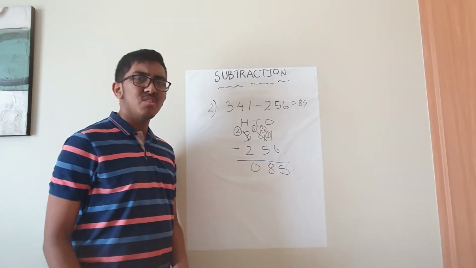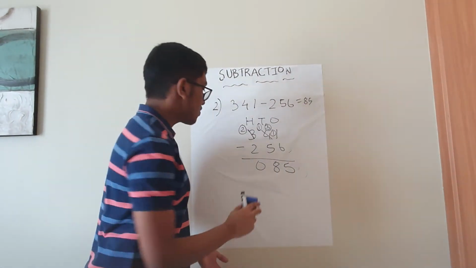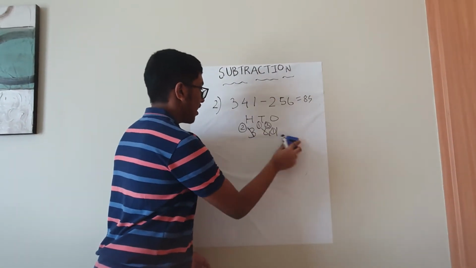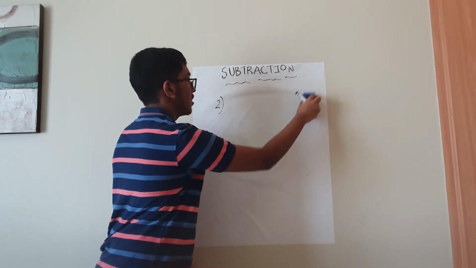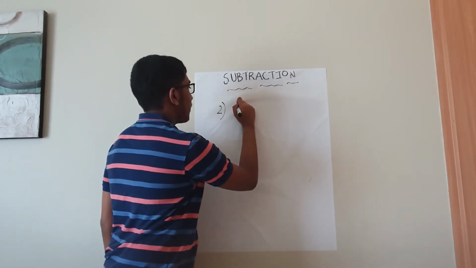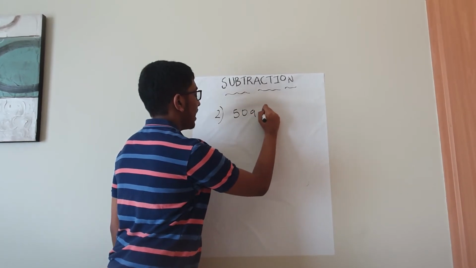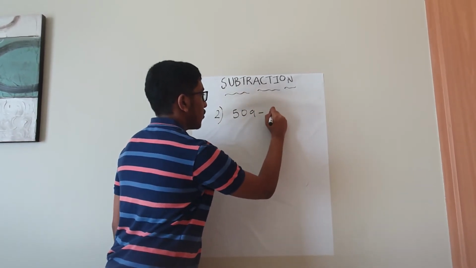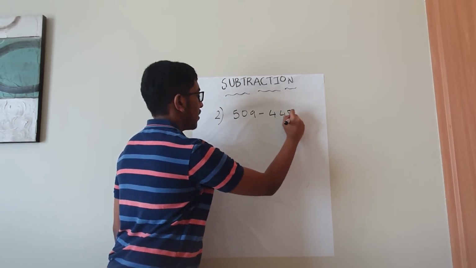Okay, now this is going to be the last sum for today, but it looks at a special case. Let me write a sum like that for you. Okay, so let's look at 509 minus 445.